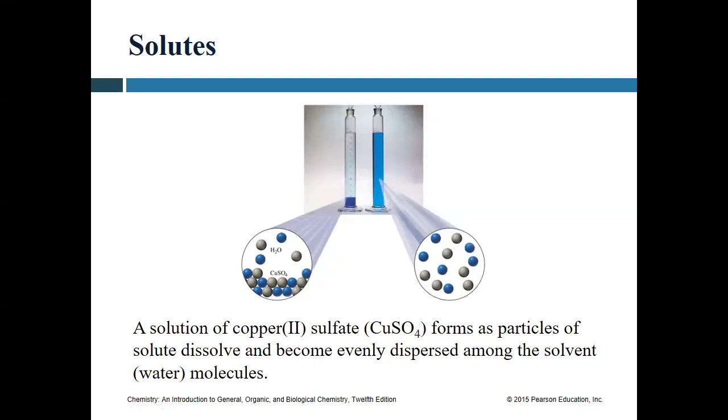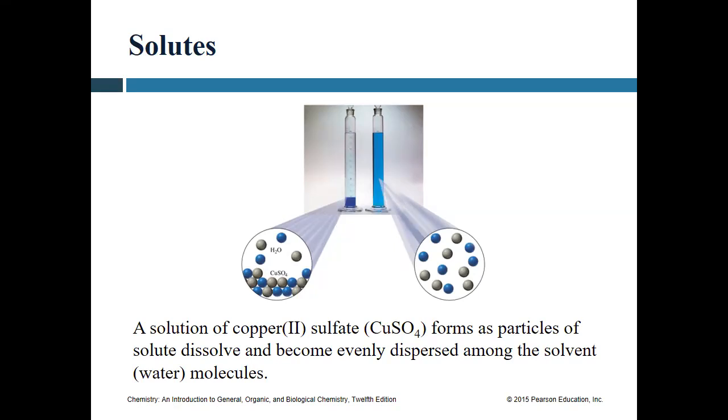Now, the action that takes place is kind of cool. This is an example: we've got 2 graduated cylinders here. In one, we started with solid copper sulfate at the bottom. That's what this dark blue stuff is. And on top of it, we just poured a bunch of water. If left to its own devices, we don't have to shake it, we don't have to stir it.